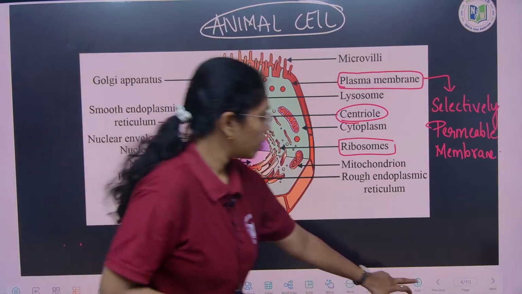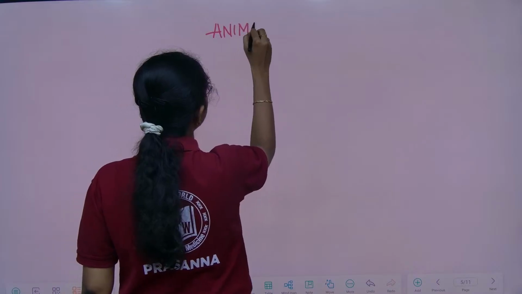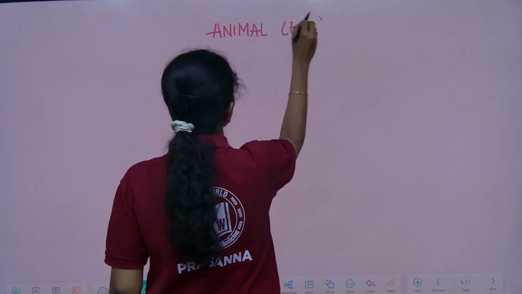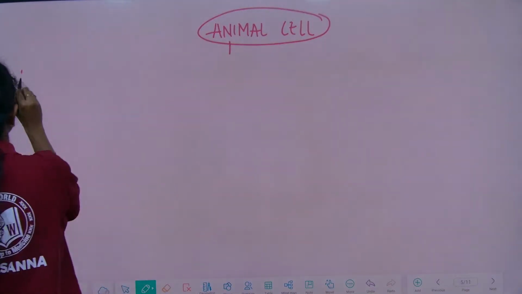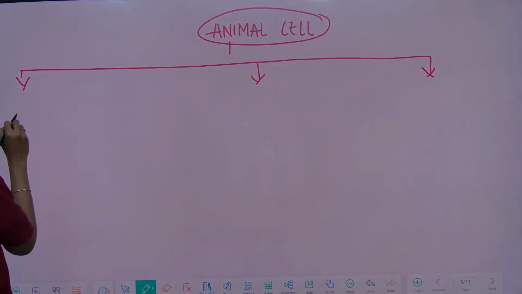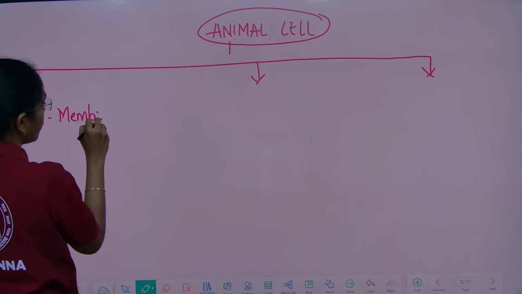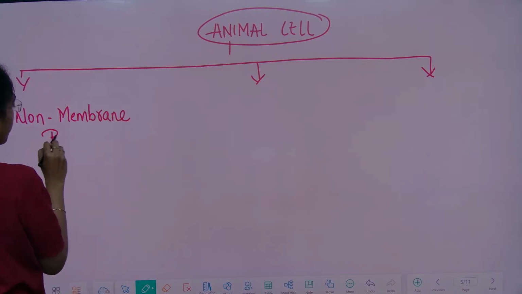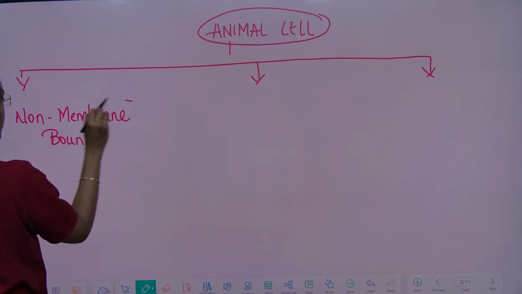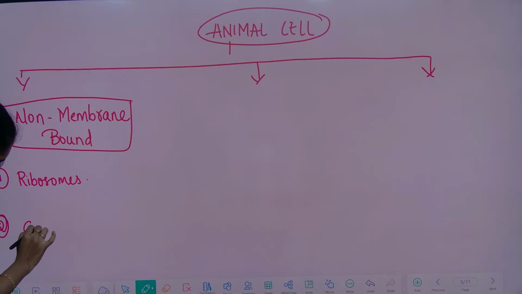So the non-membrane bound organelles in an animal cell are first ribosomes, second centrioles.